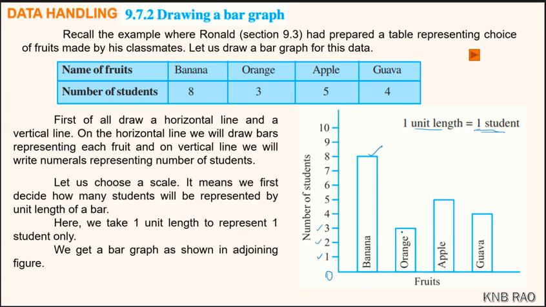Here the height of the orange is 3 units, which means 3 students like orange. Similarly, a bar representing apple is of 5 units height, where 5 students like apple, and a bar representing guava is 4 units, as 4 students want guava.